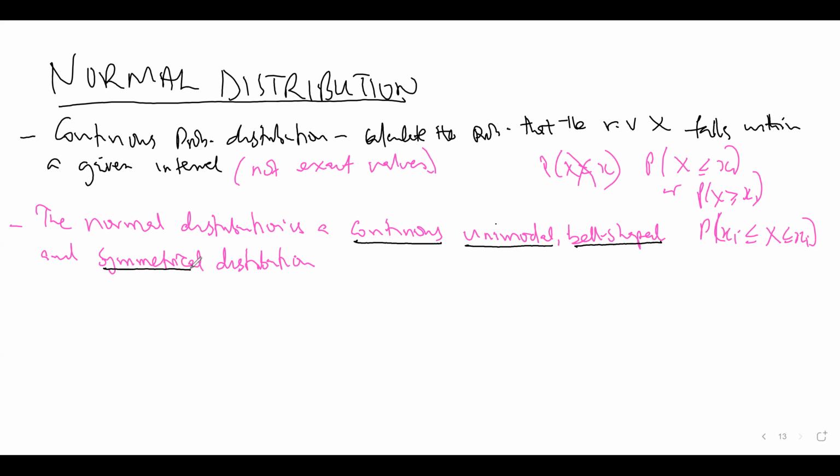So graphically, the normal distribution curve or graph will look like this. You have the variable X, and the graph will look like this.